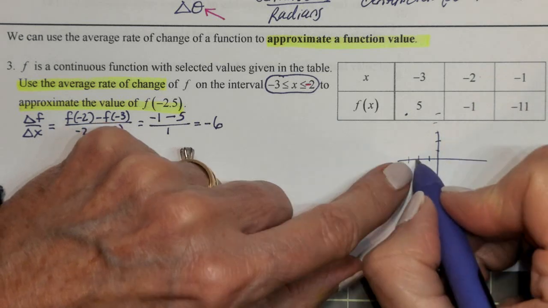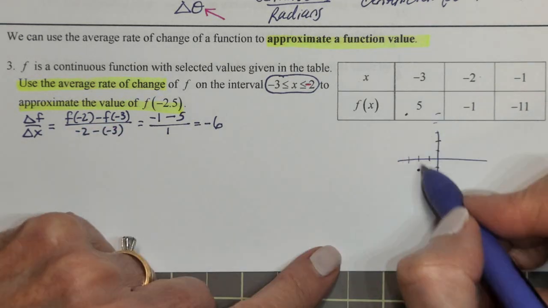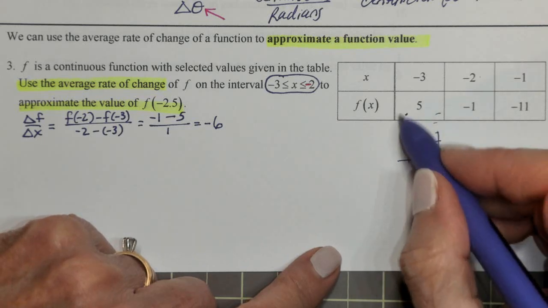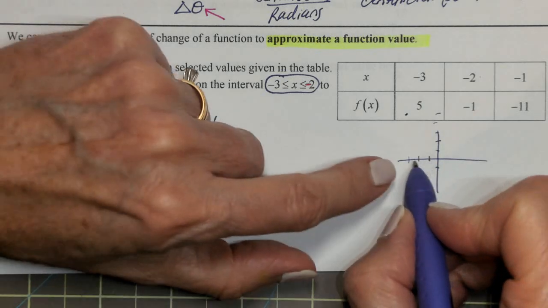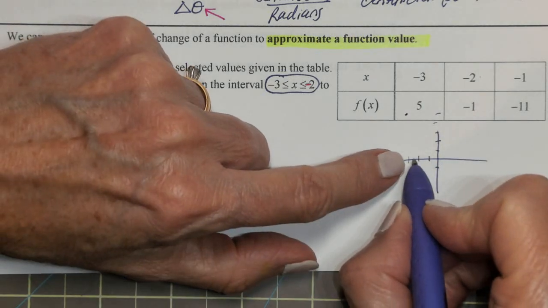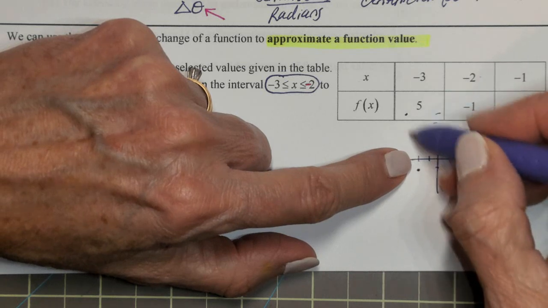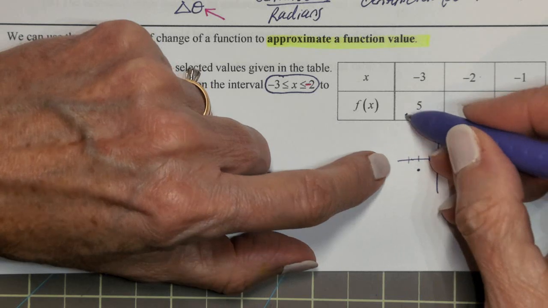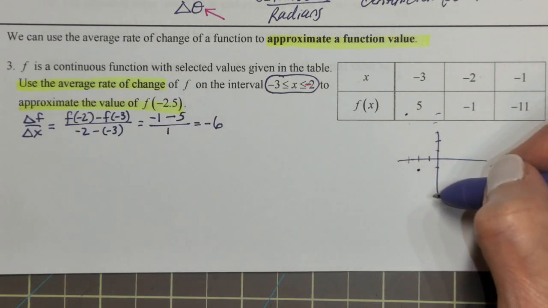When x is -2, we're at -1. The slope between that is -6, right? We can approximate the value of when x is -2.5. It's going to be in between there, right? We're approximating the f value when x is -2.5.